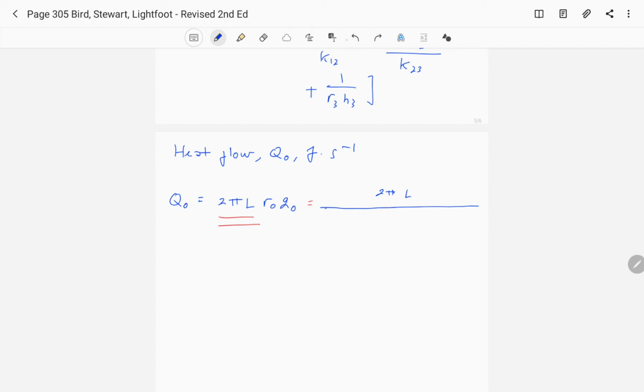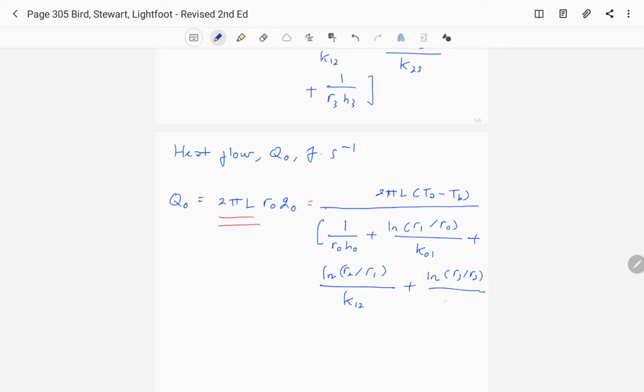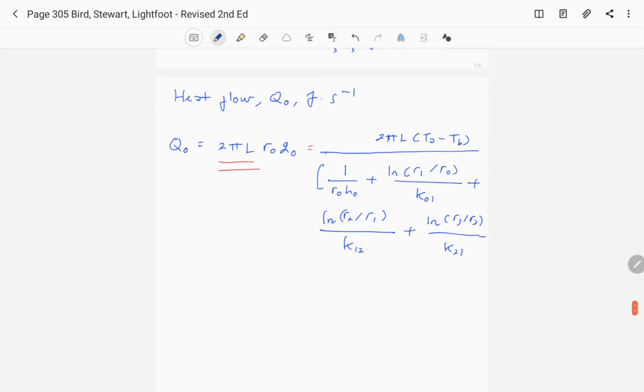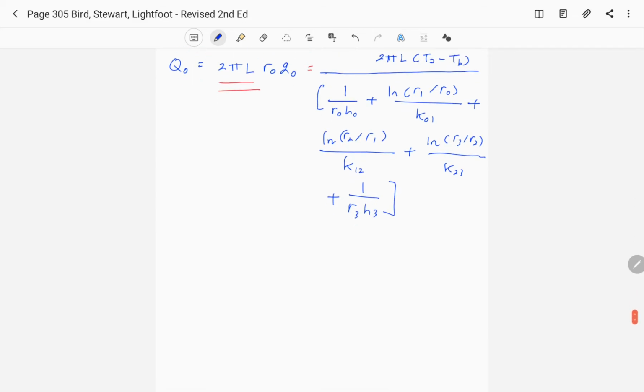This one should be 2 pi L (TA minus TB), and this will be equal to 1 over H naught ln R1 R naught divided by K01 plus ln R2 over R1 divided by K12 plus ln R3 R2 divided by K23 plus 1 R3 H3.